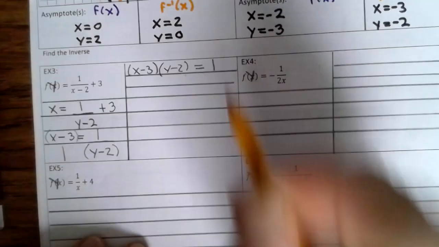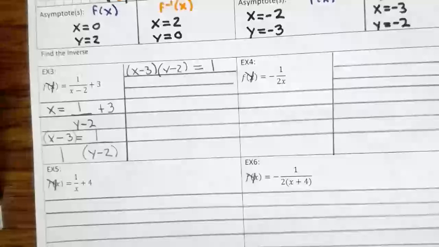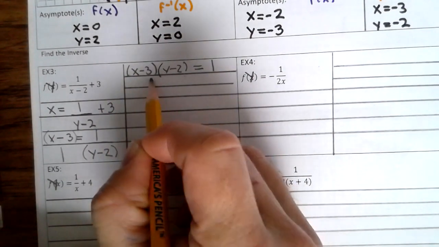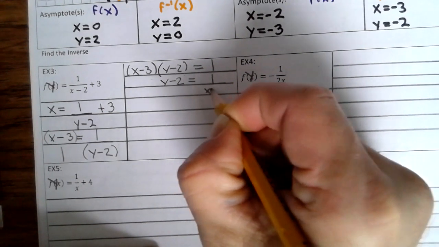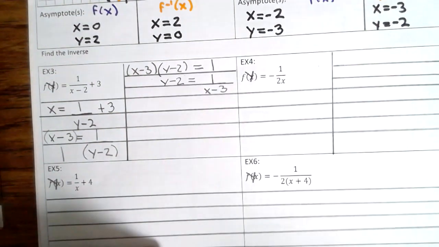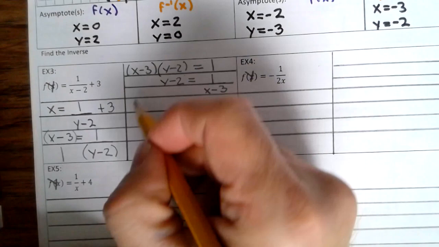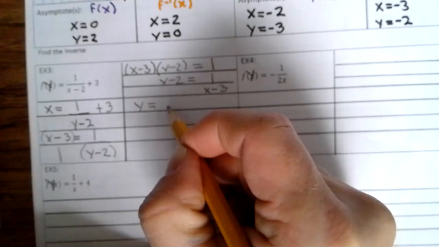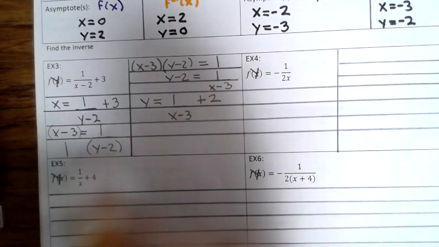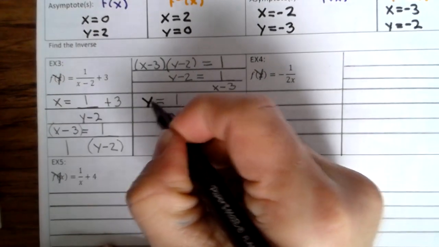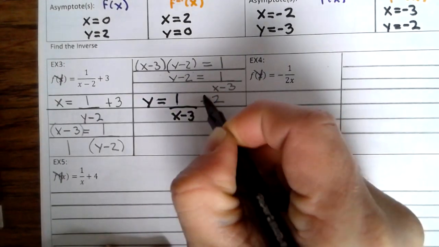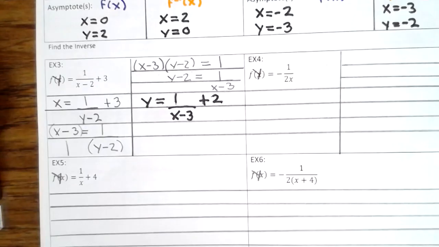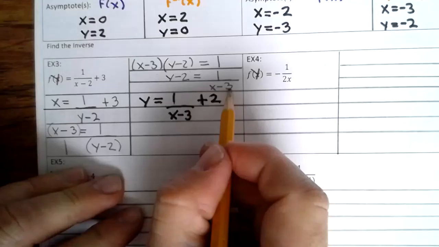Now remember, we're solving for y, so we're going to divide both sides by x minus 3, so you get y minus 2 equals 1 divided by x minus 3. Add 2 to both sides, so y equals 1 divided by x minus 3, plus 2. All right, so go ahead and finish up example 3.